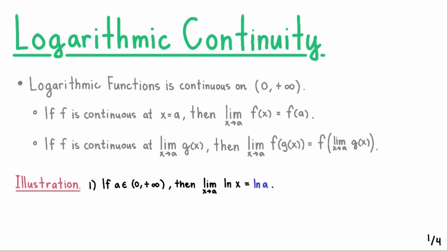So we'll have ln of a. That is by this property.